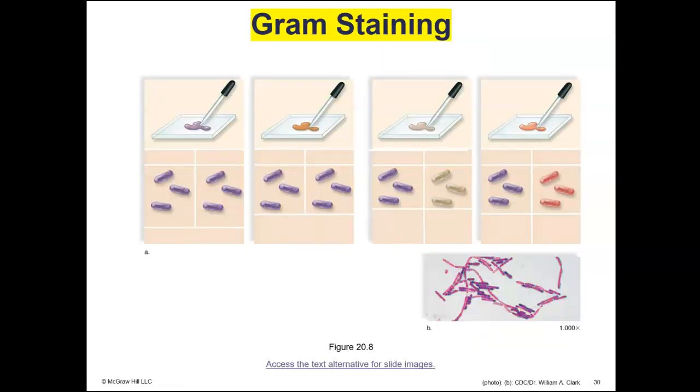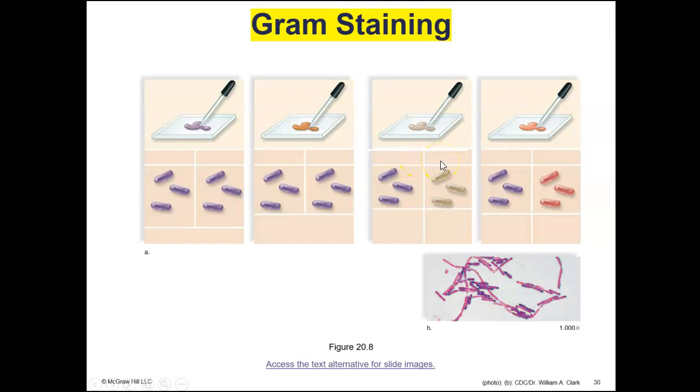This is a picture of gram staining and what it would look like. In gram staining, you start out by applying a dark purple stain called crystal violet to your bacteria on your microscope slide. And then you add iodine, which helps to lock in the stain. So all of those bacteria that are gram positive will retain that purple stain. The third picture shows a process called decolorizing.